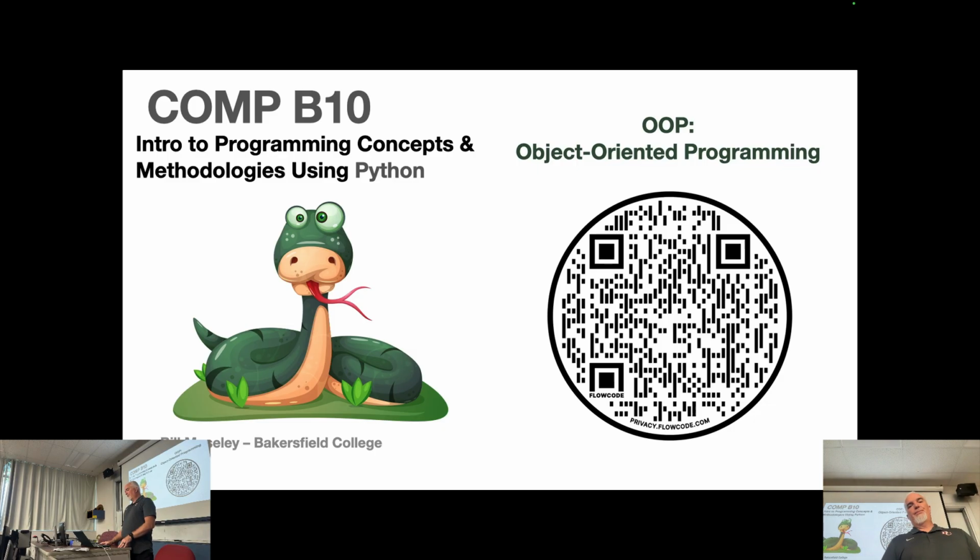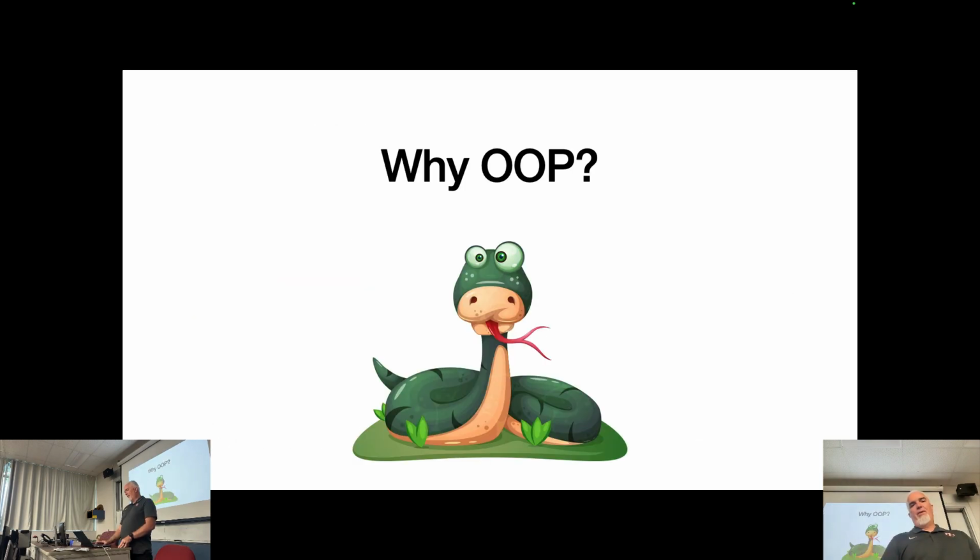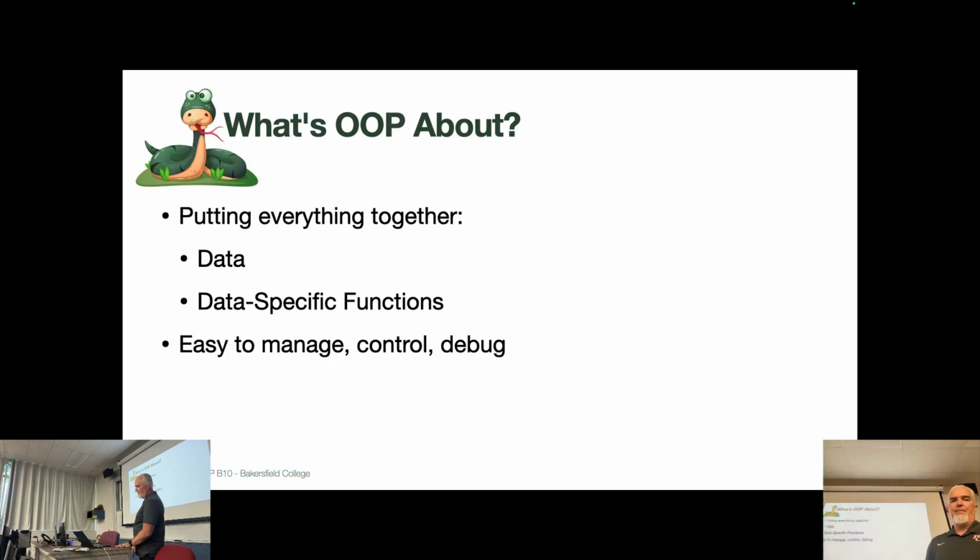But it's still functional. In this case, we've moved to a different way of thinking about our programs that is called object-oriented programming. Basically, we're creating code objects that become the focus of what we're doing. So why would we want to do that?